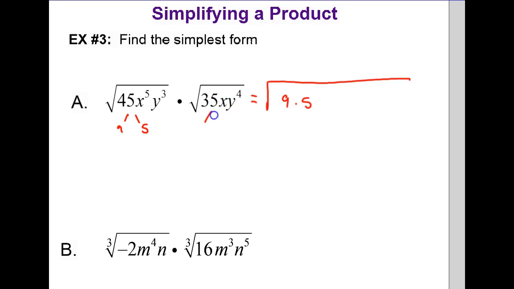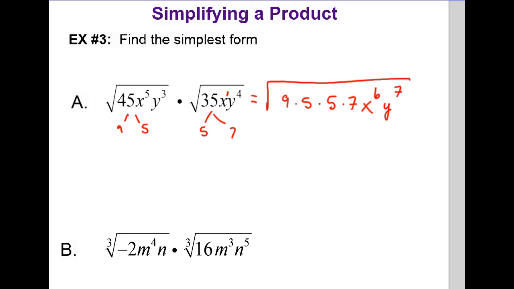And then I'm going to write 35 as 5 times 7. And x to the 5th times x, that really has an exponent of 1, so I have x to the 6th power. And then y cubed times y to the 4th gives me y to the 7th because I'm adding the exponents.